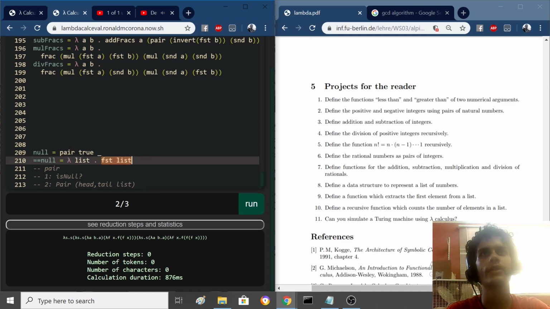And now I want to check the first element of the list. Since it takes a list, I check the first element of the list. Actually, null is the same as fst, the same as checking first.